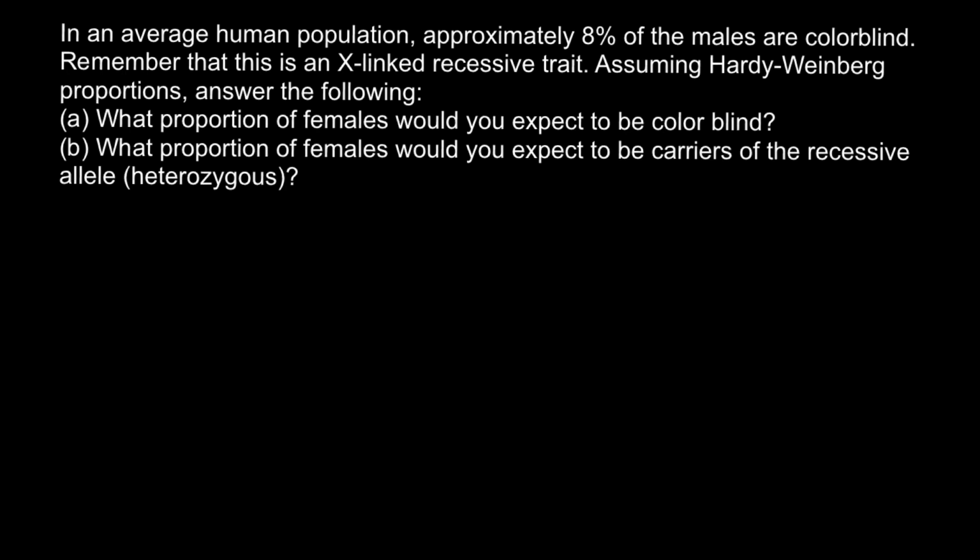Now let's use a Hardy-Weinberg formula in order to solve this problem. The frequencies of the three genotypes that can be made by two alleles equal p squared plus 2pq plus q squared, and this equals 1, or the three genotypes represent 100% that can be made by two alleles.